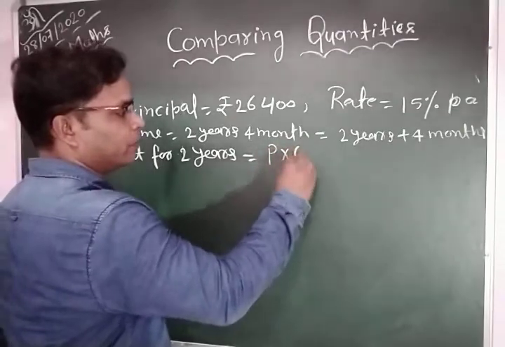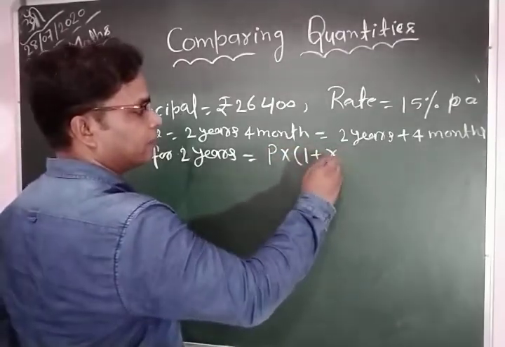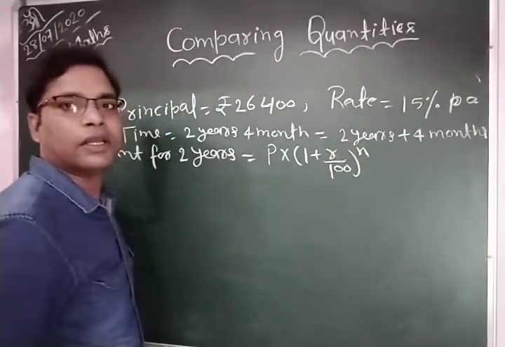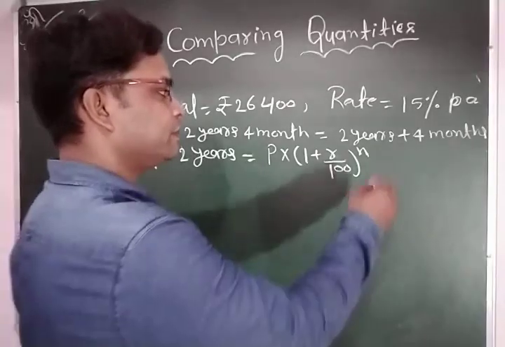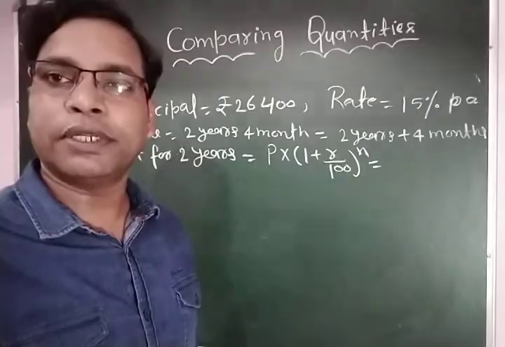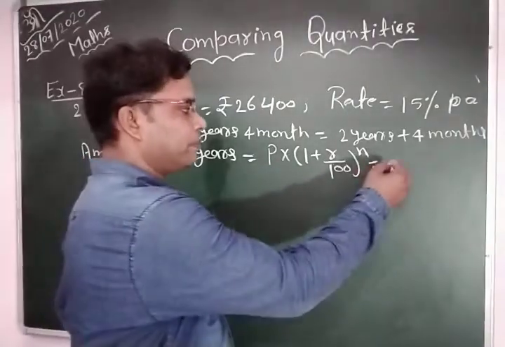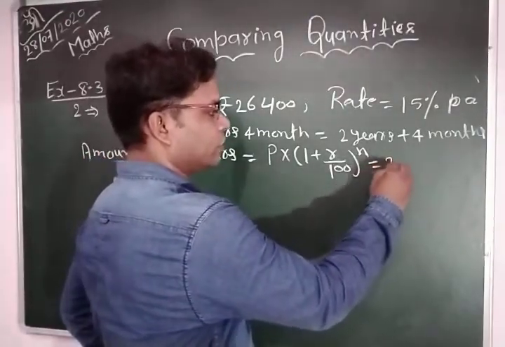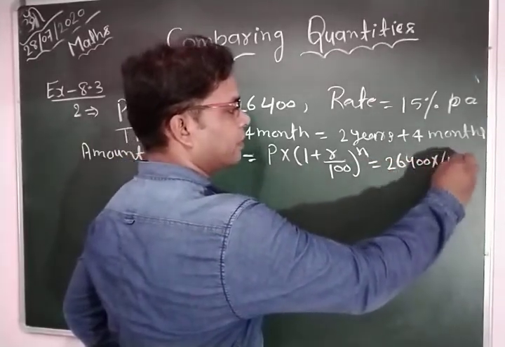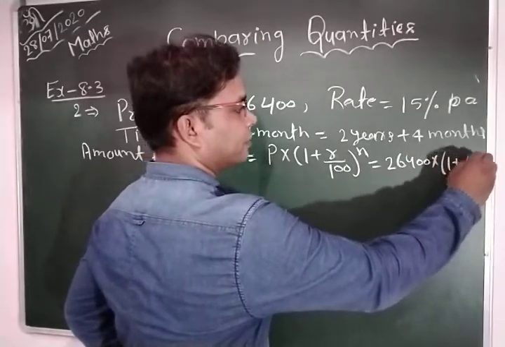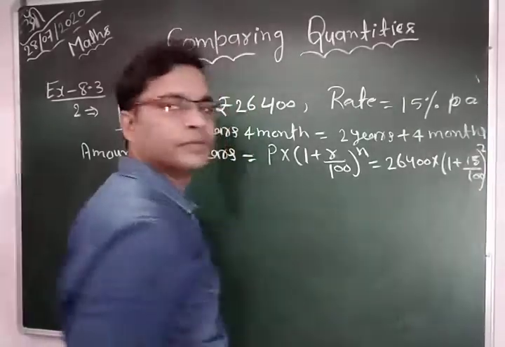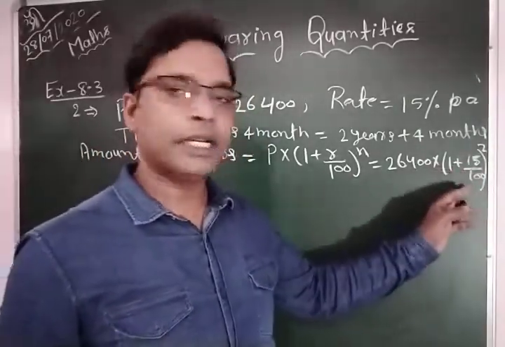P into (1 plus R by 100) to the power n. So we put here the value of P, value of R and value of T. After putting the values, this is 26,400 into (1 plus 15 by 100) to the power 2. Clear?